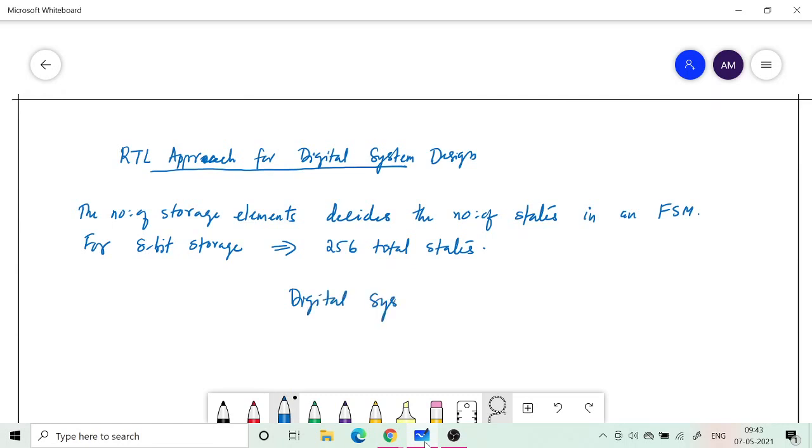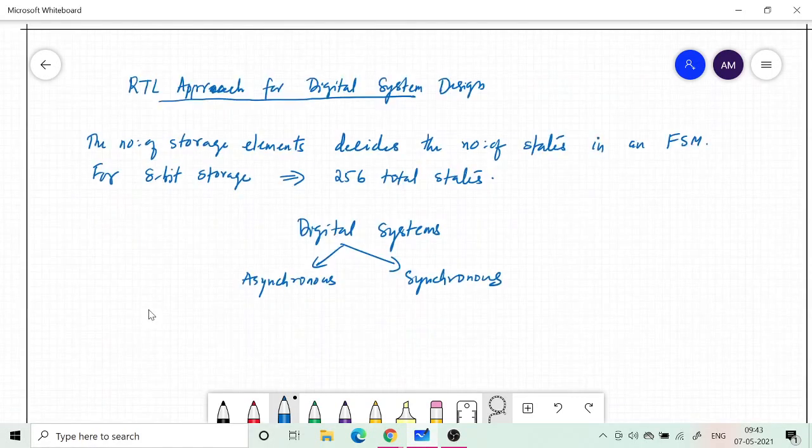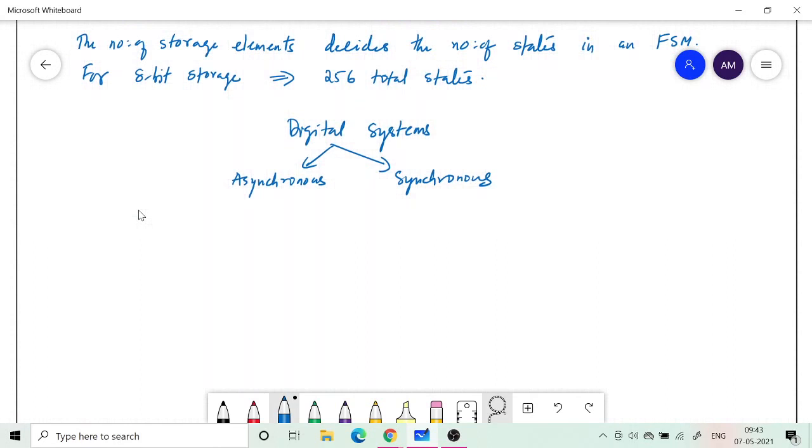These are two different versions, and the design could be of either type. Now what do we mean by asynchronous?